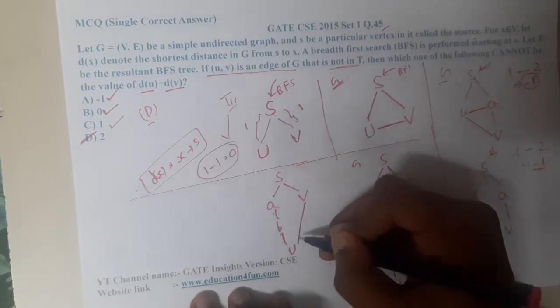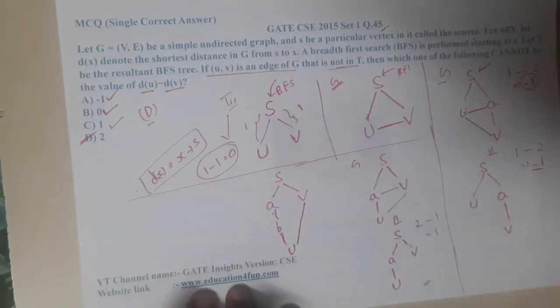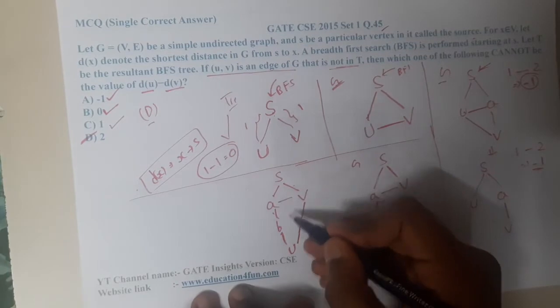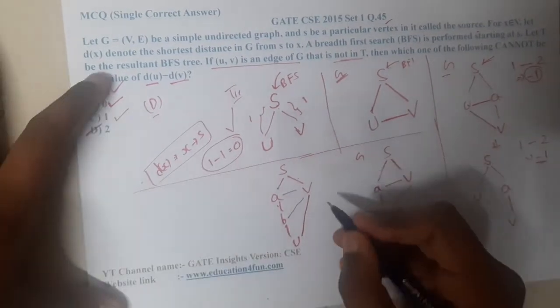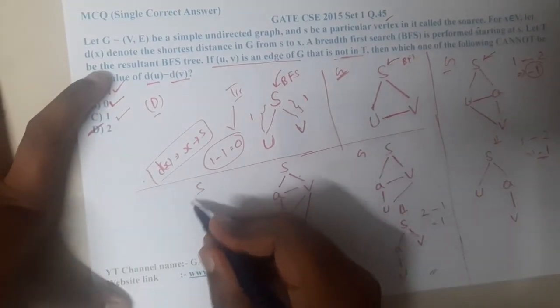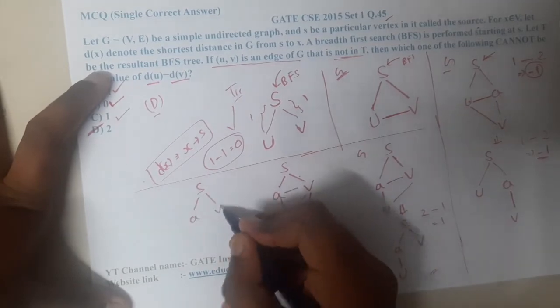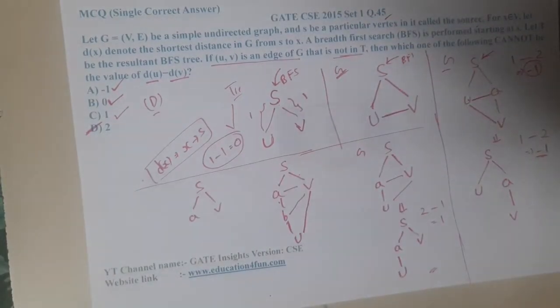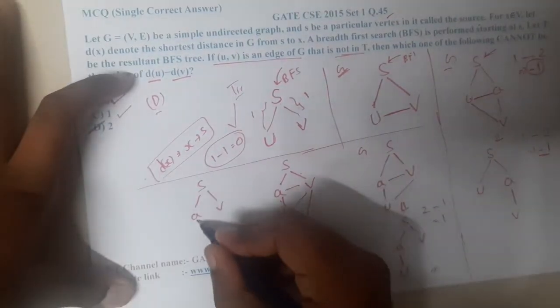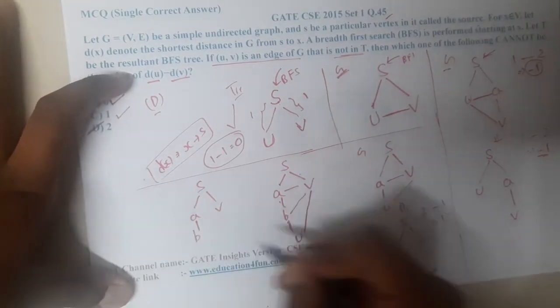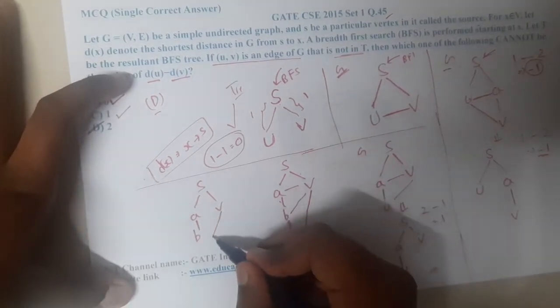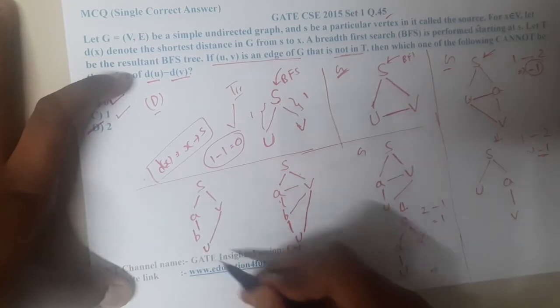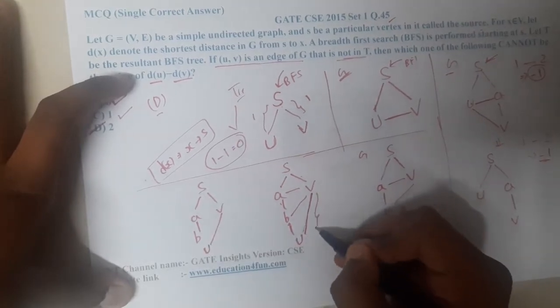Now if you try the search, first you visit S, after that you visit A and V, then you can visit B, and after that you visit the neighbor U, because the distance between them is 1.